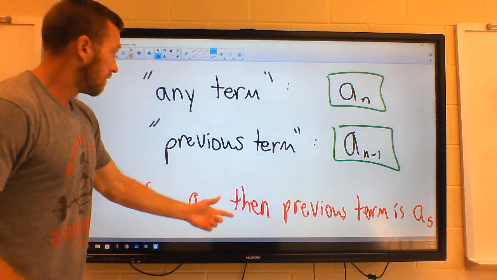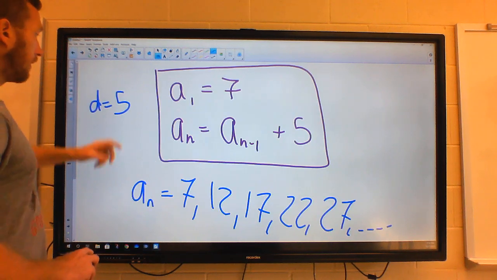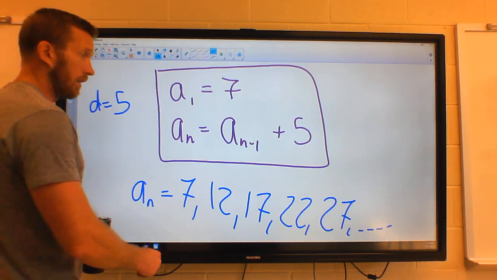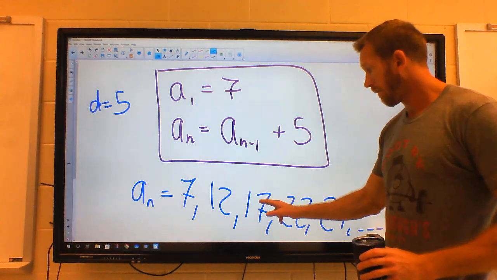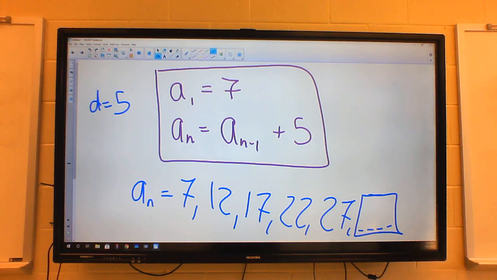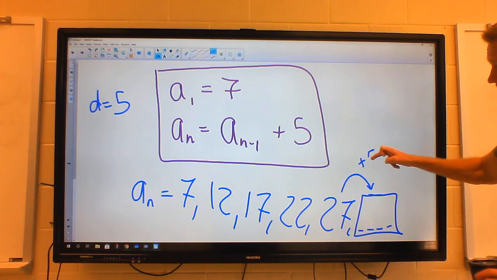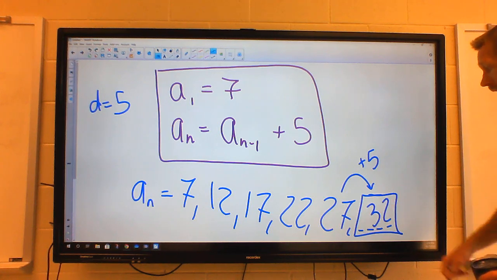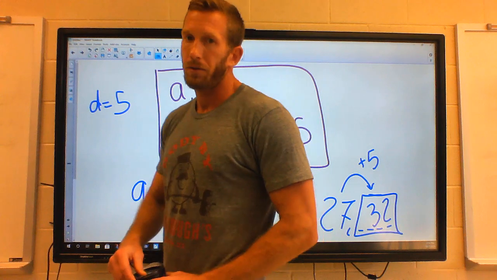So if I need to know the sixth term, so 1, 2, 3, 4, 5, if I need to know the sixth term right there, I go to the fifth term and I add the common difference. And boom, that takes me to the sixth term. That's what a recursive rule does for us.